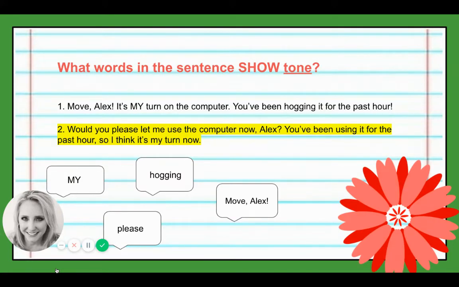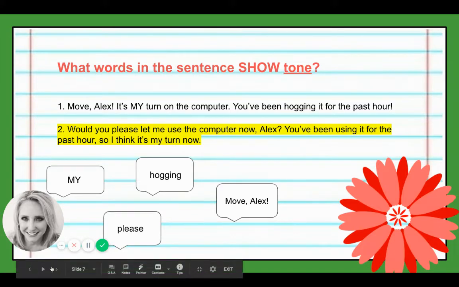I have the word hogging. That is not a pleasant moment, but I also have in the second sentence, please, and I have some question marks here, and I'm saying the same thing as in sentence number 1, but how the person is saying it is much kinder. My, move, Alex!